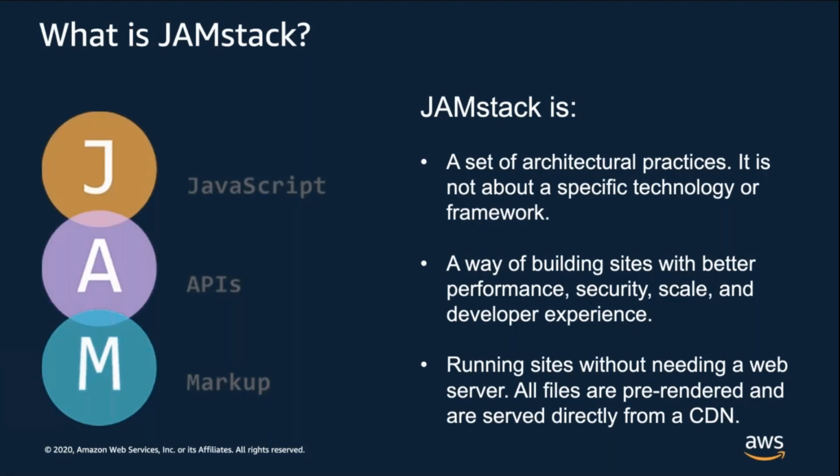And by doing this, you no longer need your traditional web servers like Apache or Nginx. Instead, your application or your site can be stored in a simple storage solution like Amazon S3, and then served entirely from the cache of a CDN like Amazon CloudFront.